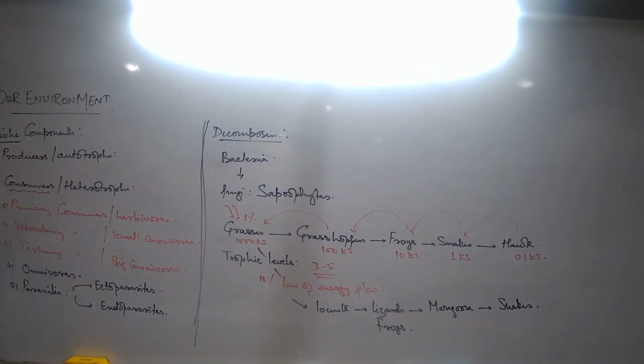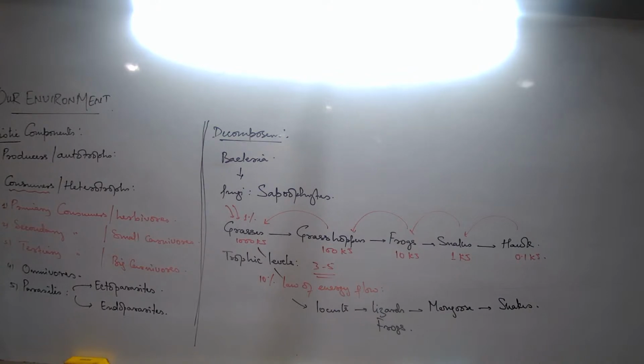If a frog is eating the entire grasshopper, why is it not getting 100% of the energy? Because when the grasshopper fed on the leaves, did it stand still after feeding? No. There was metabolism, breathing, respiration.